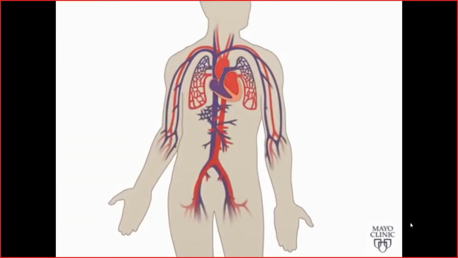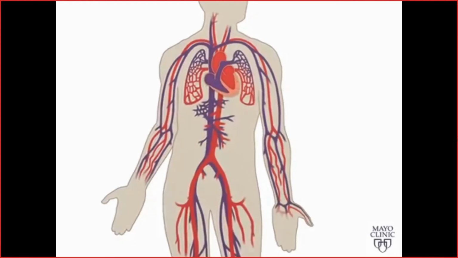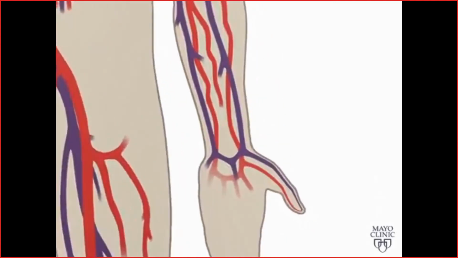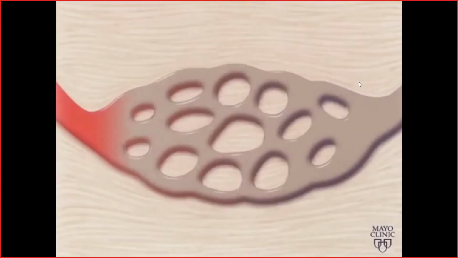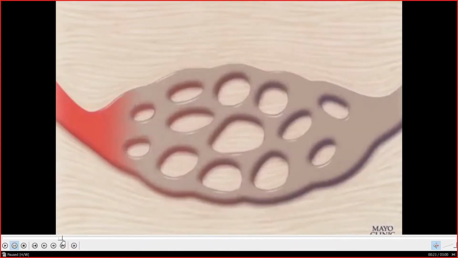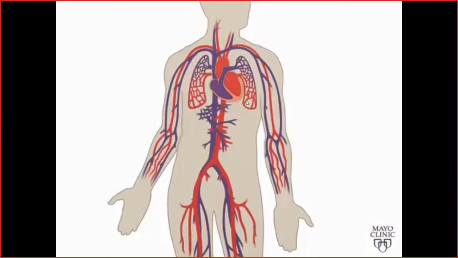So as you can see, this is the network of your blood vessels. Here this is blue, and this is red. The vessels with red colors are called arteries.